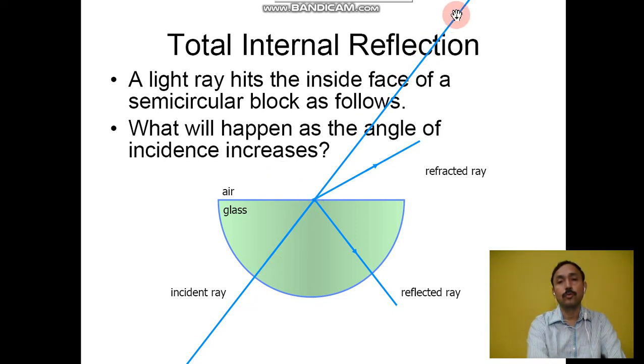It should go through this direction, but as it is coming from the denser medium to the rarer medium, the refracted ray will move away from the normal. Some part of the light is also reflected. This is partially reflected, and this one is partially refracted.